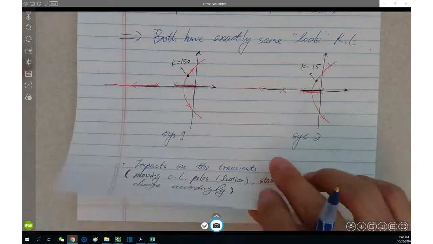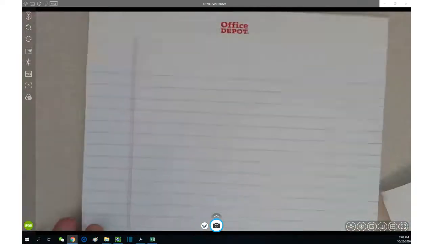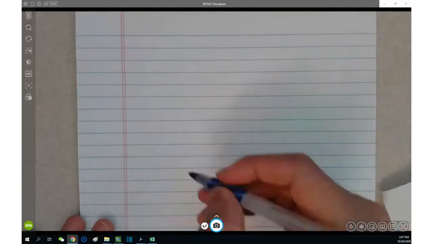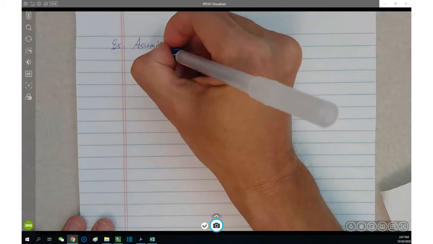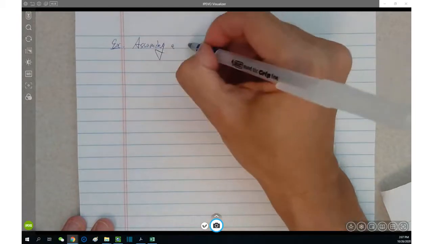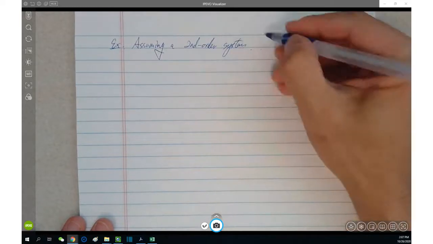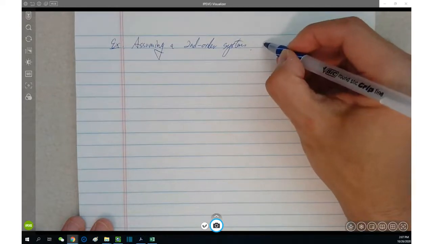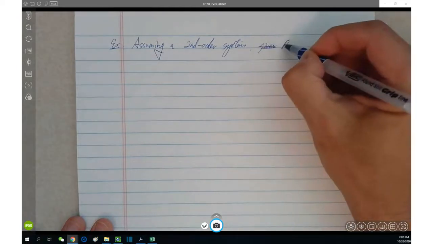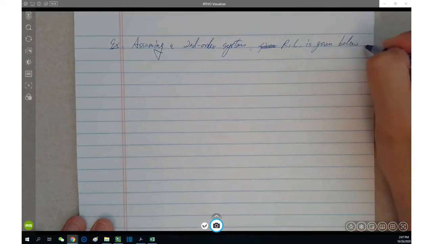And then let's see a specific example. Assuming a second order system, the root locus is given as below.